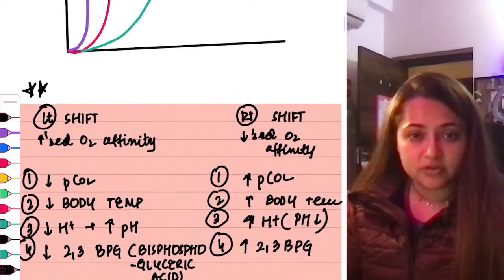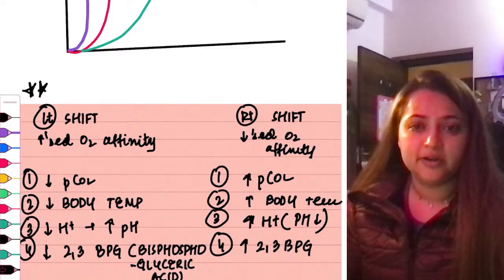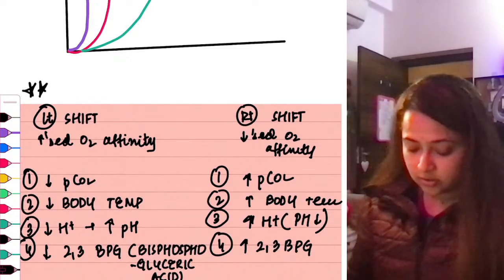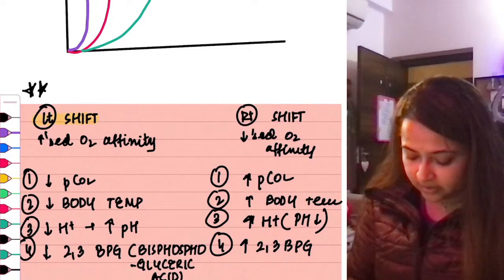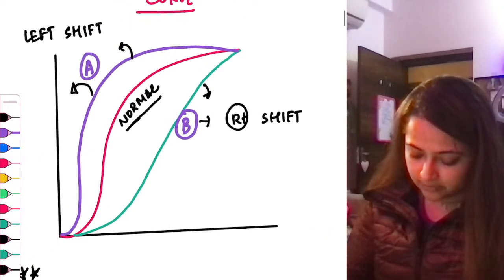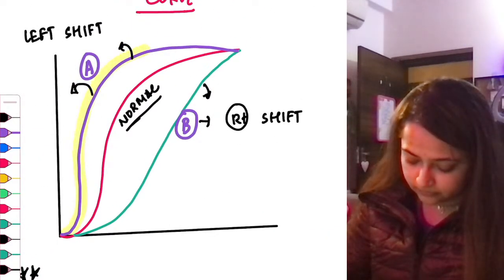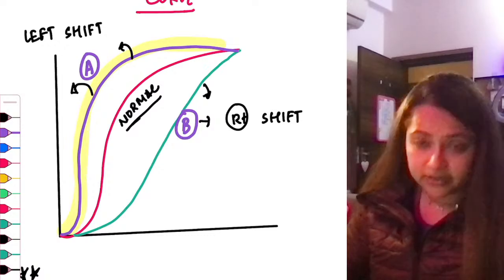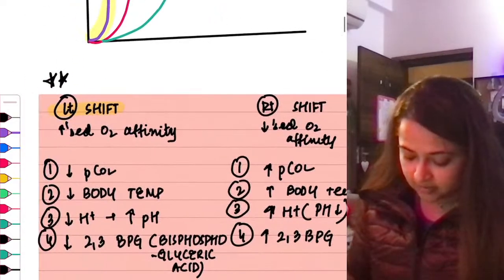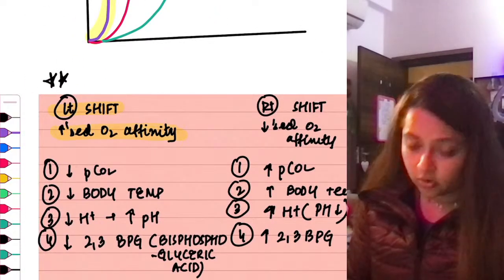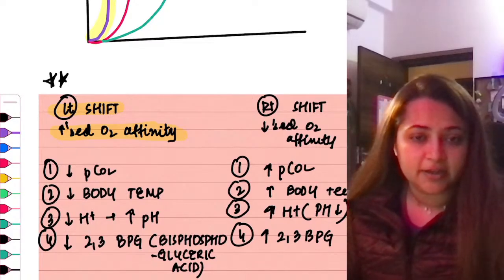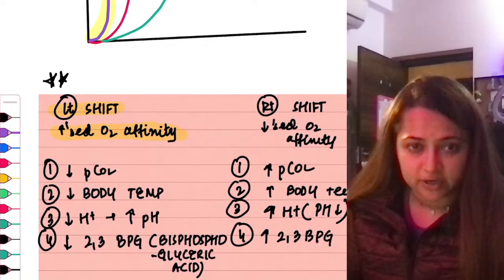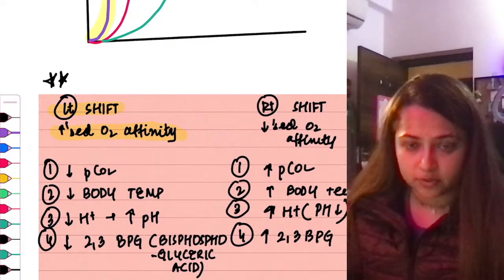Whenever there is a left shift, the one I'm highlighting, that indicates increased oxygen affinity of the hemoglobin.